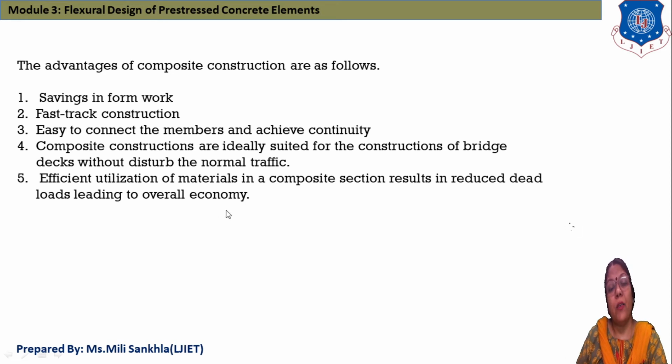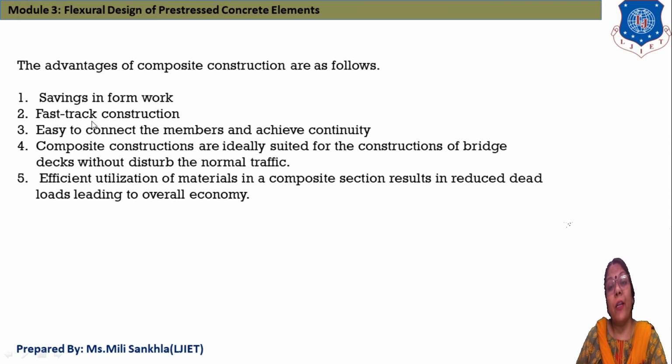In composite construction the overall dead load is reduced, which means the self weight of the structure is reduced, so material is reduced and we achieve overall economy when we use this type of composite structural member in prestressed concrete.